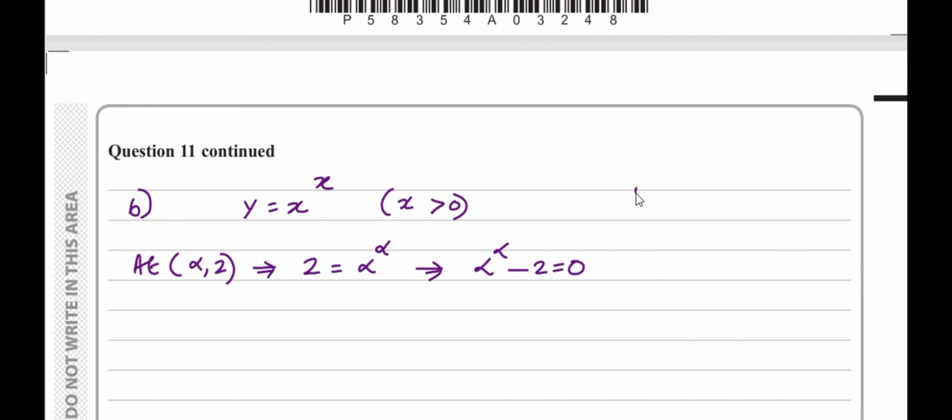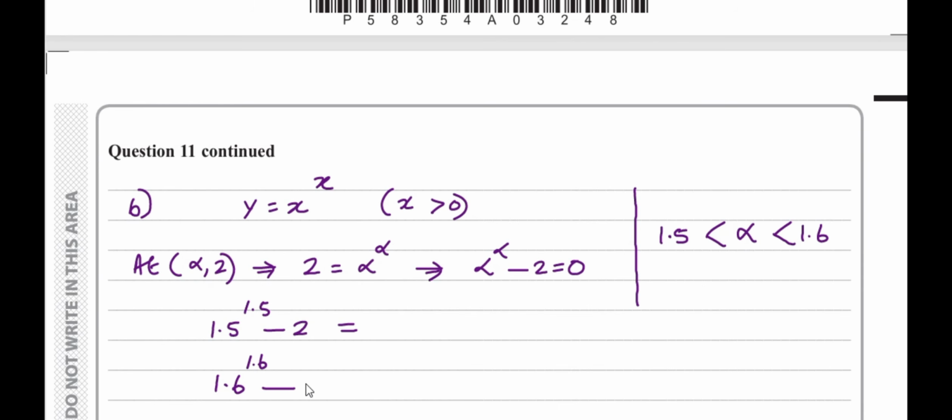The question wants us to show that alpha lies between 1.5 and 1.6. So why not we put these two values in place of alpha and see whether there is a sign change. So let's put 1.5 to the power of 1.5 take away 2, and 1.6 to the power of 1.6 take away 2.